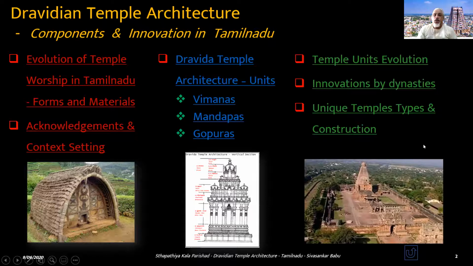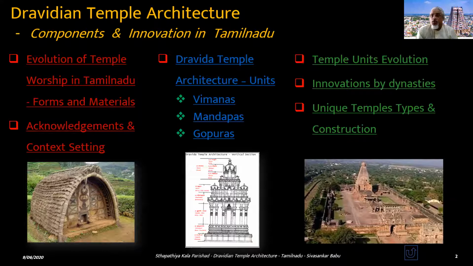So today in this session, we are going to talk about 3 separate areas. One, the temple unit evolution over a period of time, how a small single cell temple expanded into a grand temple city, and how it was achieved over a period of around 1,000 years by various dynasties, each one contributing in its own way.